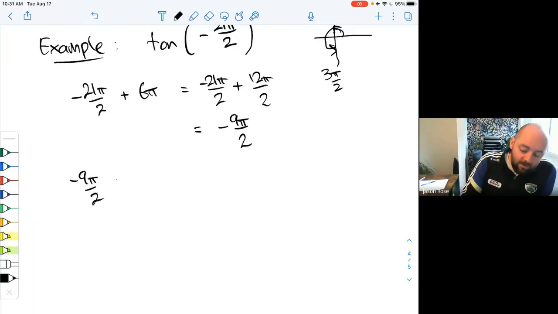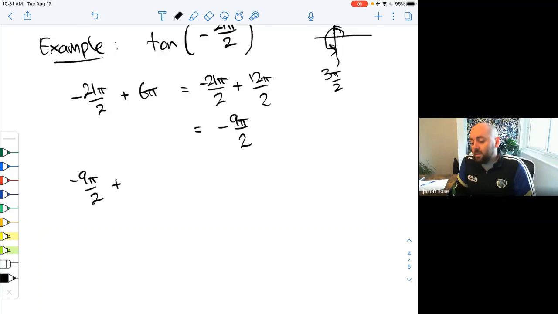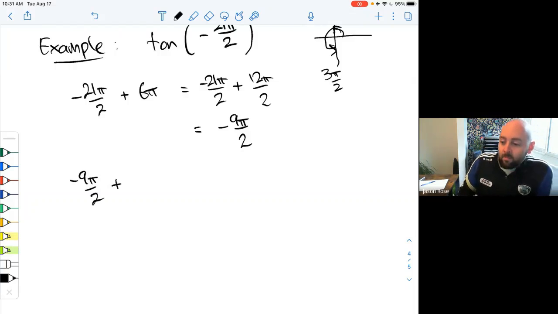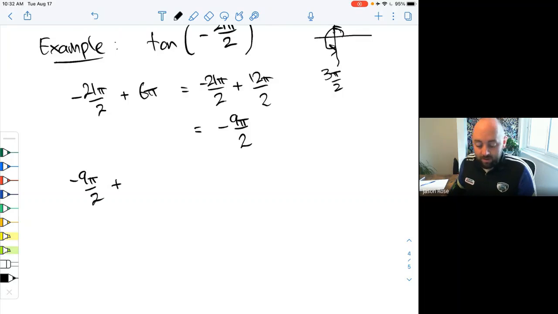Minus 9 pi over 2 plus, how much do we want to add this time? Oh, Jamal says 11. So I assume he meant starting from the beginning. All I was doing there, Evan, really was trying to show that it doesn't matter if I kind of miss the mark.